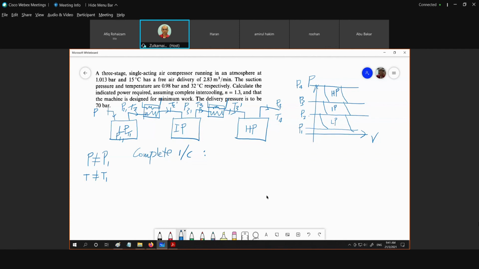Jadi starting from T1 equal to T2 prime equal to T3 prime. Ini complete intercooling. Same pressure ratio: P2 over P1 sama dengan P3 per P2 sama dengan P4 per P3. Ini adalah same pressure ratio.